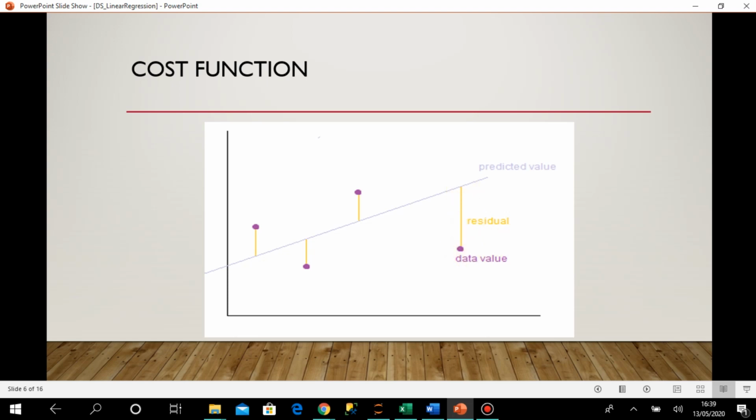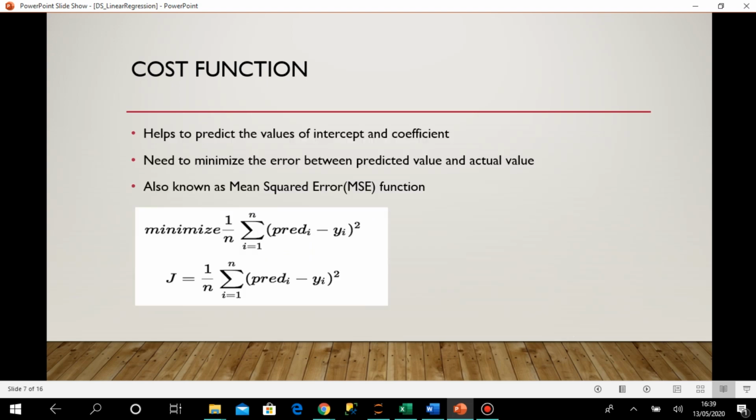Now we'll look at the equation for calculating the cost function. What is the cost function? It is the total distance, you can say, between the actual points and the predicted points, and it mainly helps us find the values of the intercept and coefficients. Why do we calculate the cost function? Because it is important that we predict values very close to the actual values.